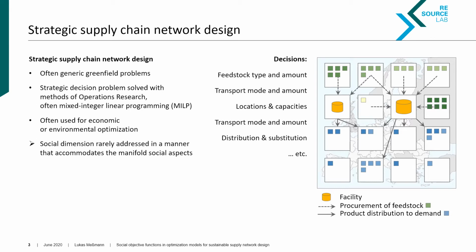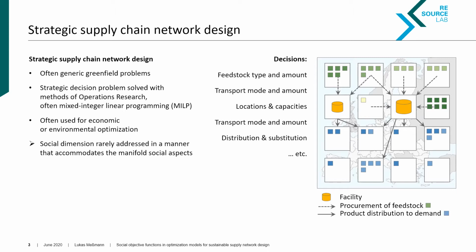And then, in modeling terms, you can display your decisions as variables and the different economic and environmental impacts as parameters, and these kinds of models are then often solved by mixed integer linear programming, which is a technique for the optimization of variables in a linear objective function, subject to linear inequality constraints.